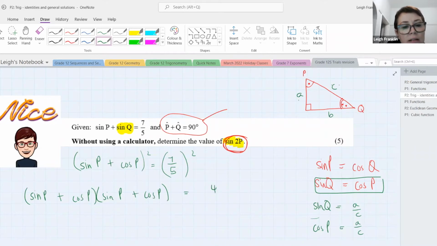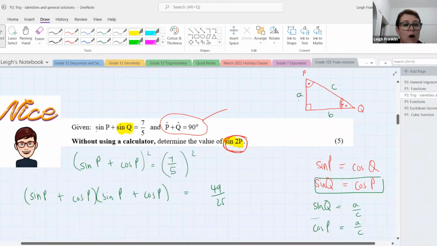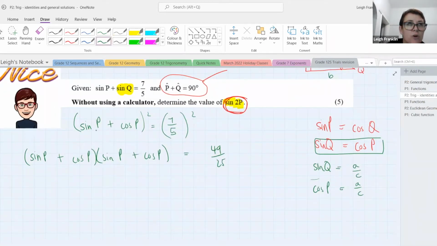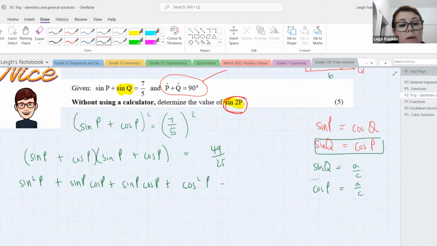And when I do that, I've got 49 over 25 here, and I'm going to end up with my middle term, my O and my I from FOIL, being 2 sine P cos P, which is sine 2P. So I'm just going to say that again slowly. I'm going to FOIL out my brackets. That's going to give me sine squared P. Then sine P times cos P is sine P cos P. Cos P times sine P is also sine P cos P, plus last times last, cos squared P, equals 49 over 25.